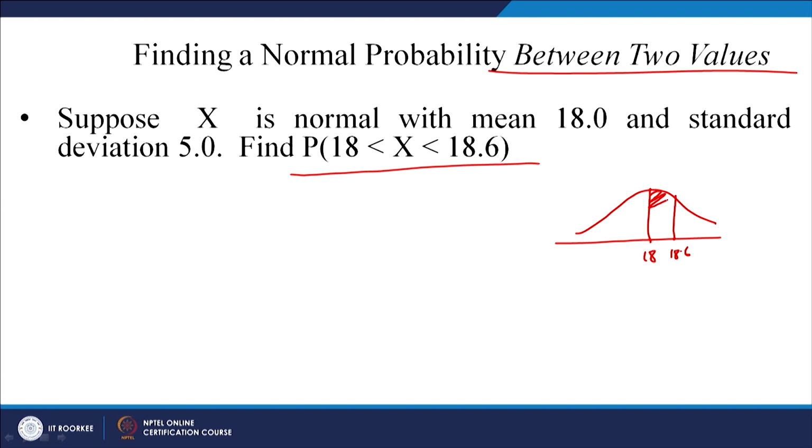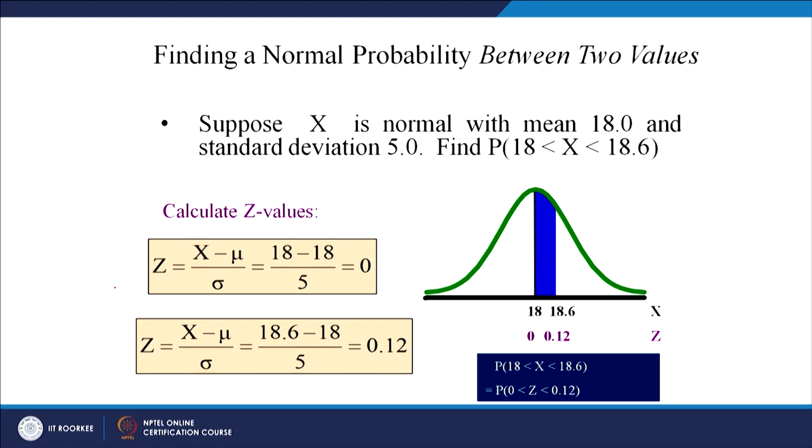We want to find this area. For this, first of all you need to convert these 18 and 18.6 into z values, right. So, let us do it. When x is equal to 18, z is 0, and when it is 18.6, z is 0.12.